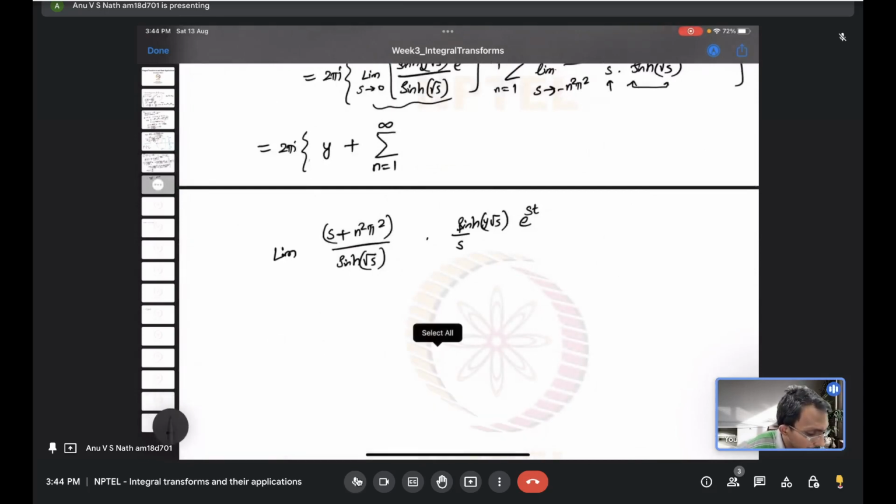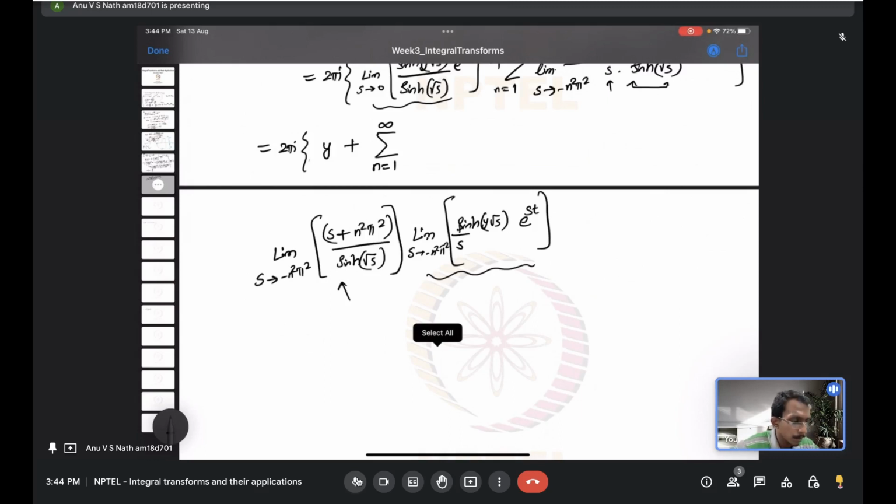the limit of s tending to minus n square pi square applied to this entire thing, then we will split it into two separate limits. You can see here the one on the right hand side will not have any issue, it's not 0 by 0 form or any such complicated form. We can directly apply s equal to minus n square pi square. But the one on the left hand side is 0 by 0 form, where we need to apply L'Hospital's rule.